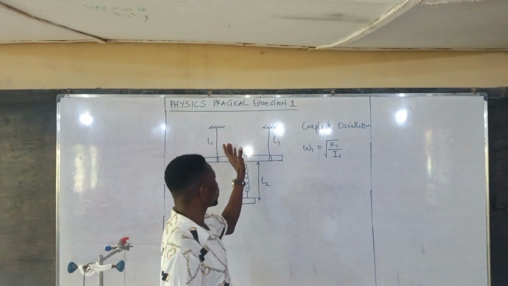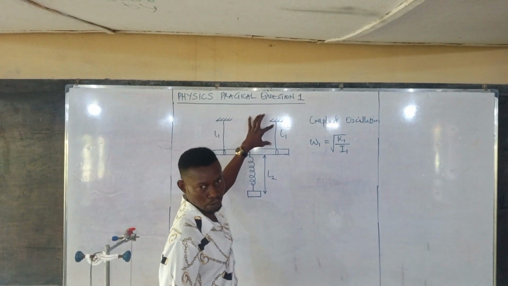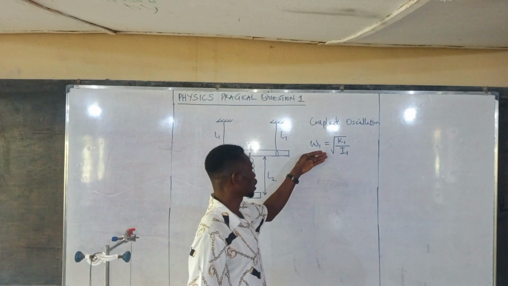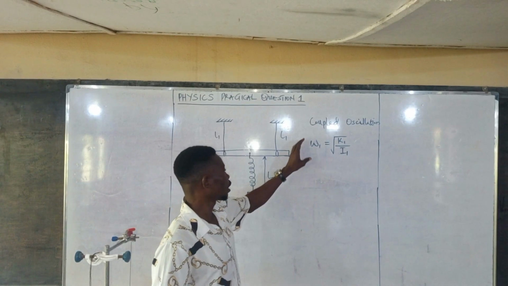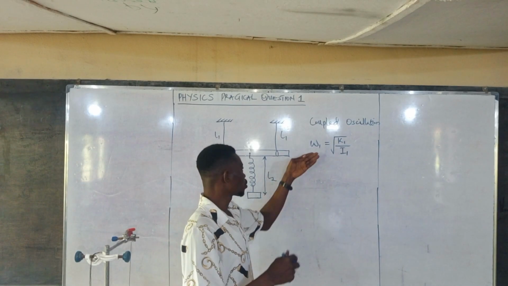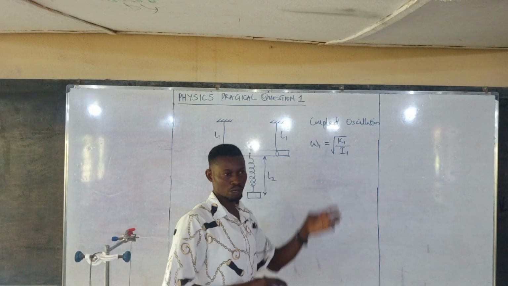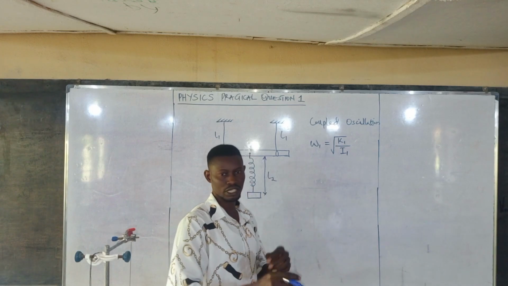K1 is the coupling constant of the first body, while omega 1 is the angular frequency when these two bodies are oscillating out of phase.